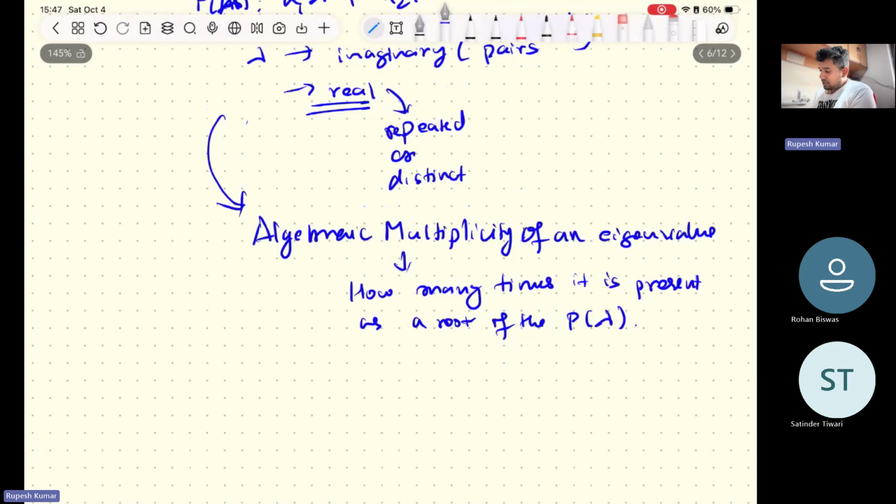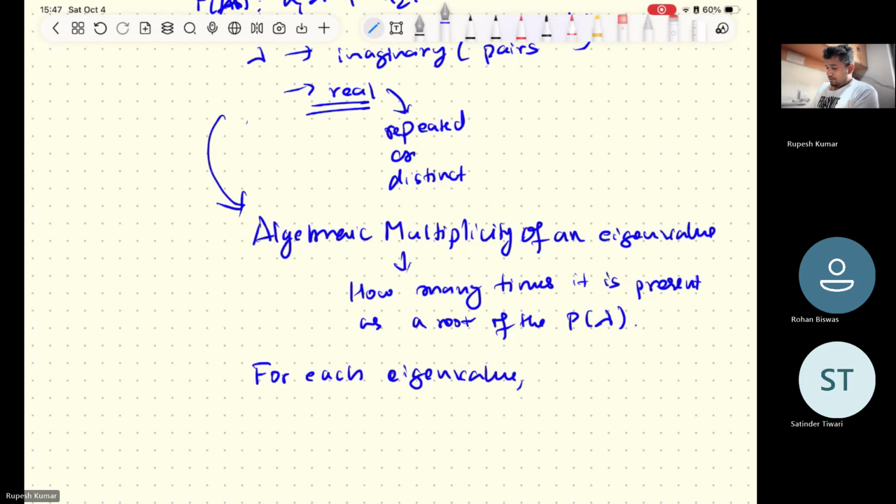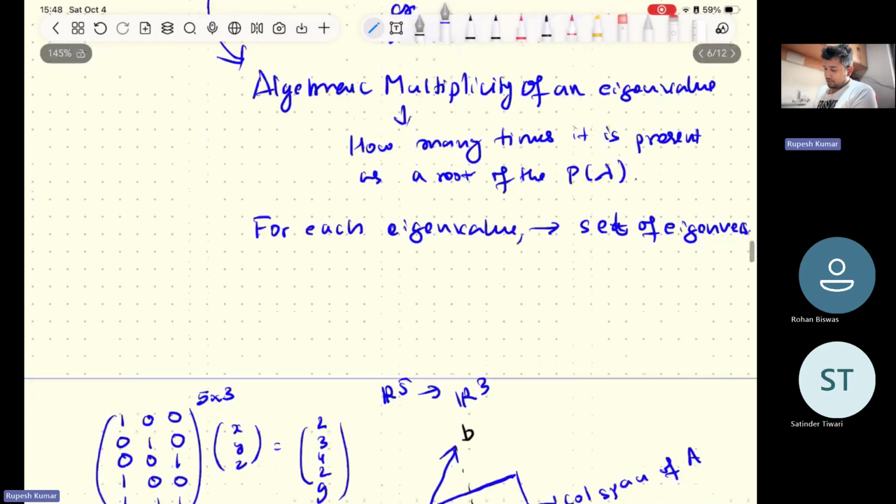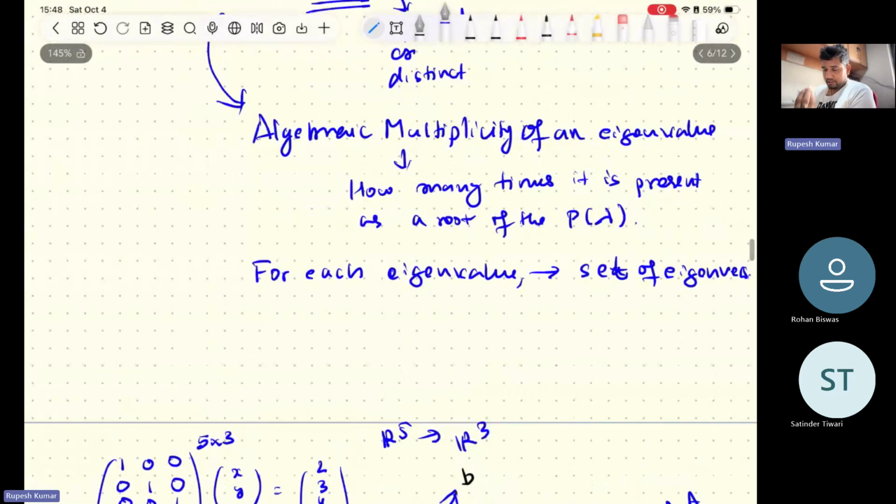Then again, for each eigenvalue, you will have a set of eigenvectors, right? What will that set look like? Let's say I am considering an eigenvalue lambda I. So that set would be the null space of A minus lambda I, right?